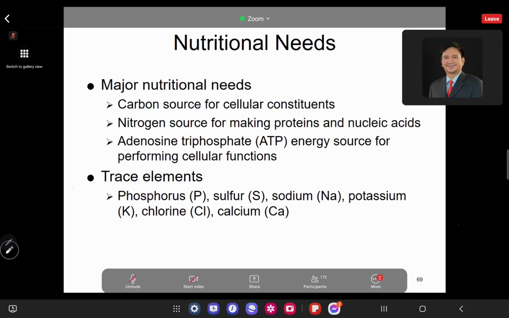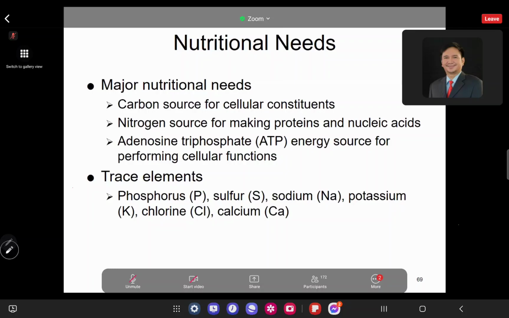Microorganisms require specific nutrients to sustain growth and metabolism. Now, can we identify the major nutritional needs of bacteria or other organisms? We need carbon, essential for cellular components like proteins, lipids, and carbohydrates. We need also nitrogen sources required for synthesizing proteins and nucleic acids.